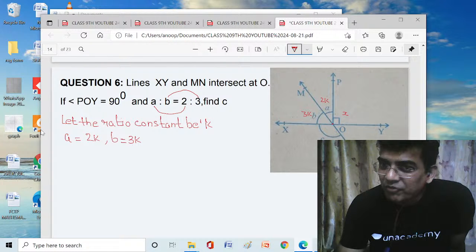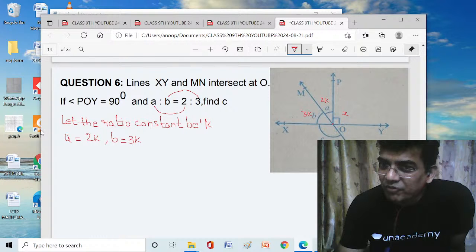So 5k is equal to 180 minus 90. So 5k is equal to 90. So here I can say that k is equal to 90 upon 5, that is 18.